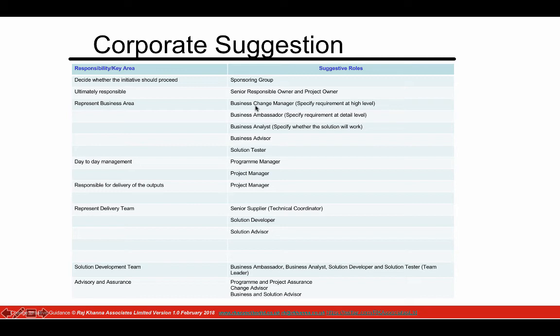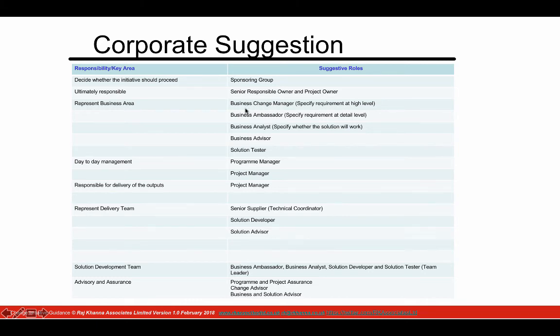Now, speaking to somebody yesterday, within the organization, the business change managers are senior people, so they like to call them business change directors. Now, again, this is getting a little bit silly in pandering to directors of our organization. In our opinion, it's a role, that's what they take on.